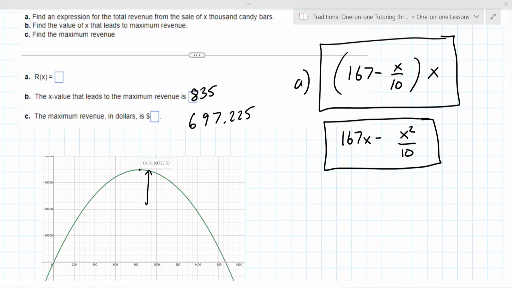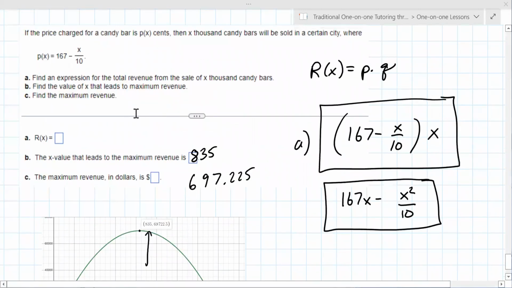See if there's another. It's x thousand candy bars though. So okay, but I didn't take that into account either. So this is wrong. Oh, but it's x thousand, but that's in cents. I guess I would try 697.